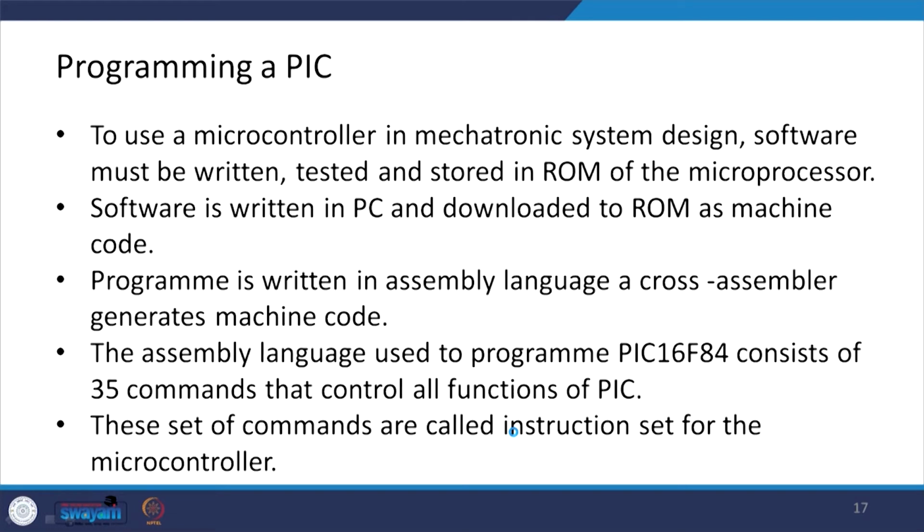Now, let us look at programming a PIC. To use a microcontroller in mechatronic system design, software must be written, tested and stored in the ROM of the microprocessor. Software is written on a PC and downloaded to the ROM as machine code, and the program is written in assembly language.